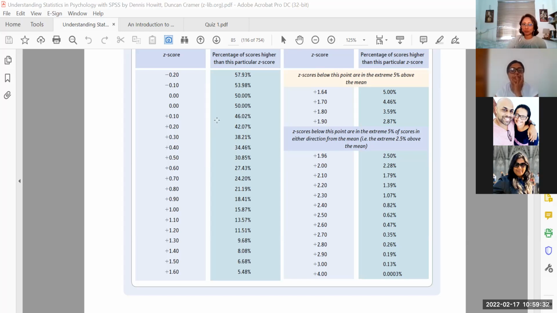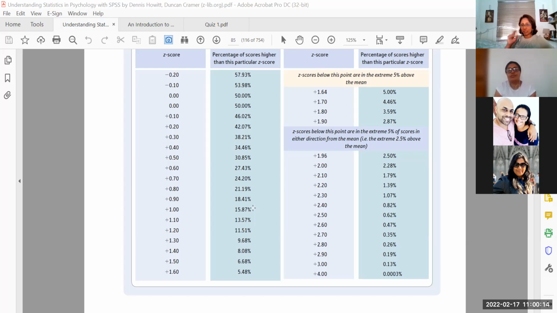Right? So now in the same manner, if you take a Z score of 1, what does this mean? 1 standard deviation above the mean. What's above it is 15.87, right? So 50% from the mean, you have 50%. 15.87, if you take away, it's about 34 point something, right?